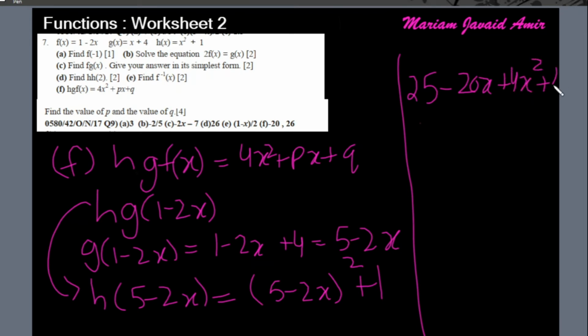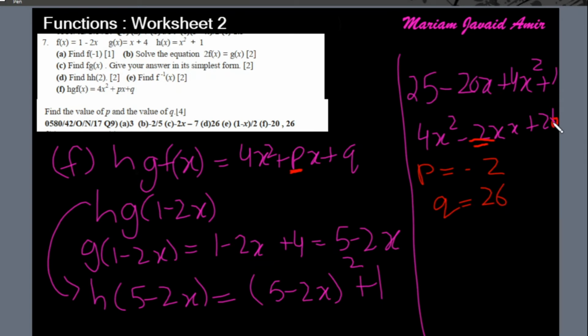So this becomes 4x square minus 20x plus 26. So now p is minus 20 and q is 26. This was 6.